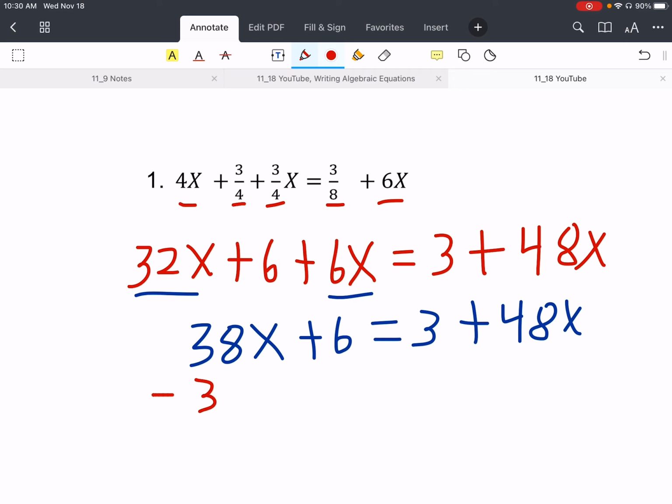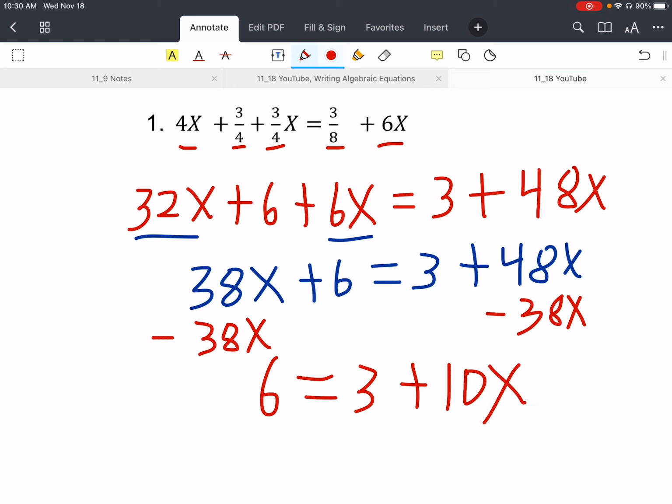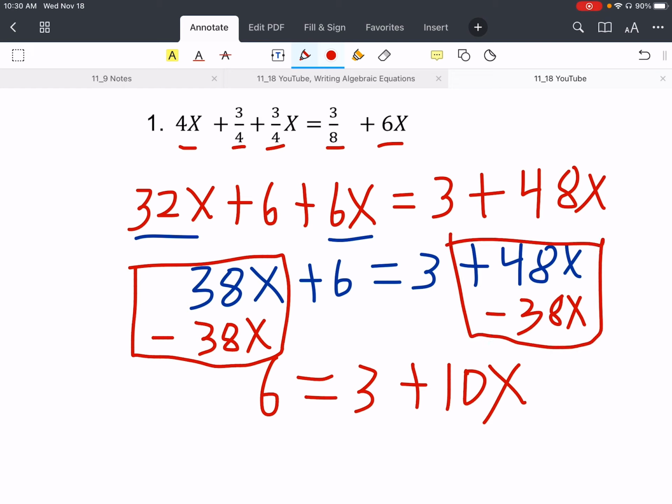We're going to subtract 38x from both sides, and that's going to get us 6 equals 3 plus 10x. So these canceled out to 0, and 48x minus 38x equals 10x.